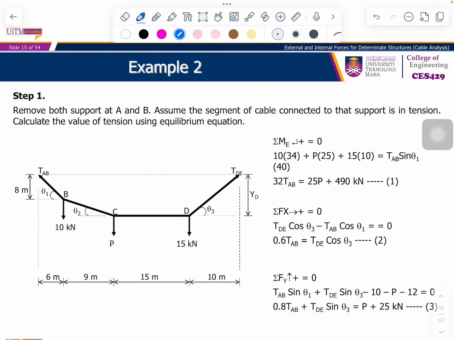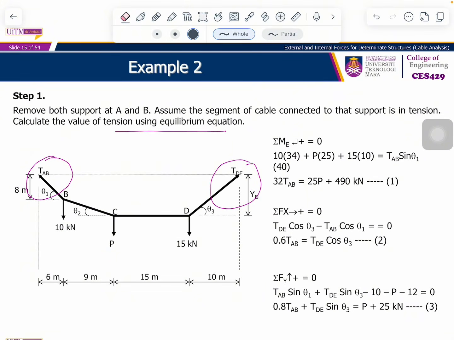Now we go to step 1. Remove both supports A and E. Assume the segment of cable connected to each support is in tension. So we assume the condition of the internal force at this segment is in tension. Then calculate the value of tension using the equilibrium equations.